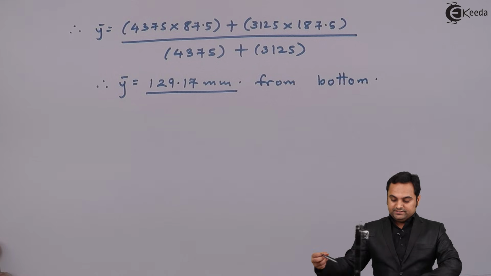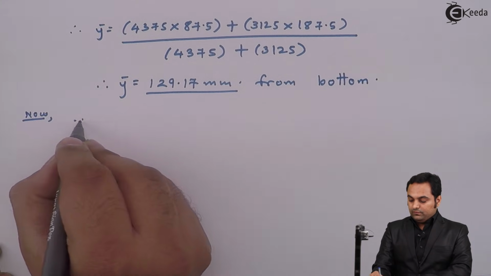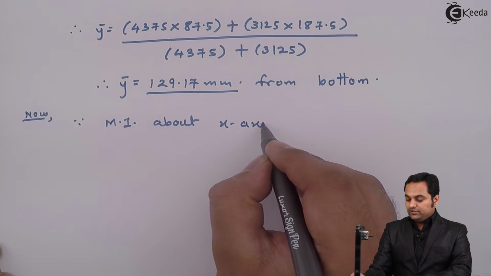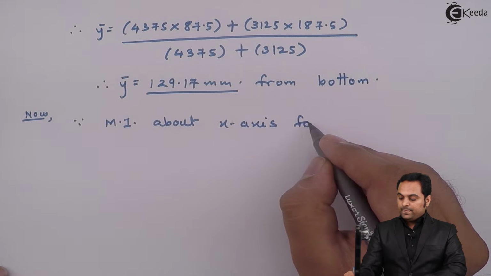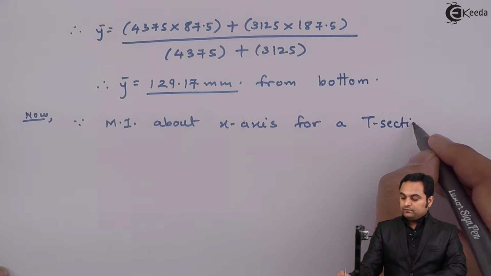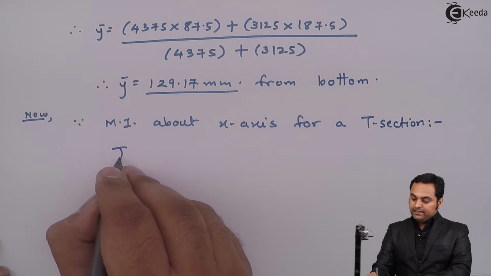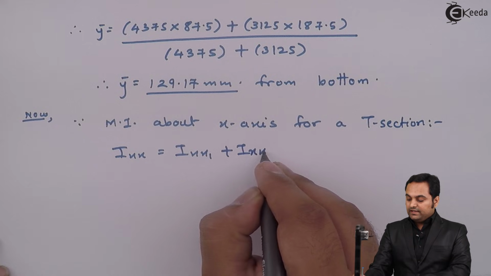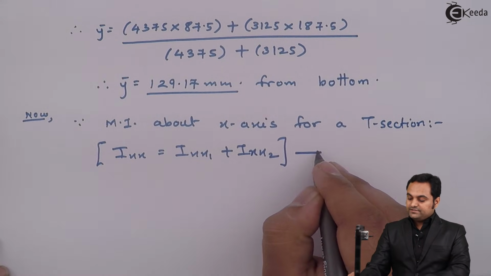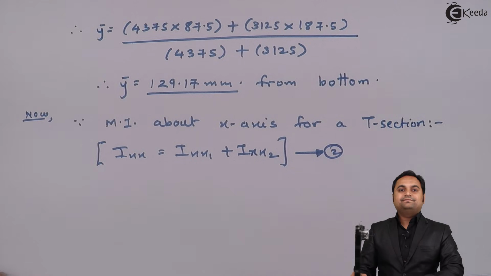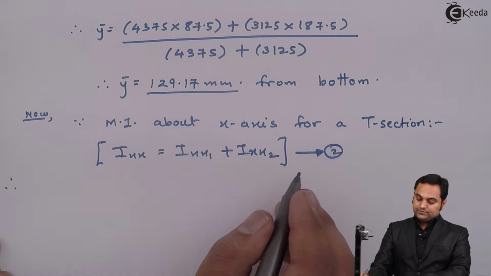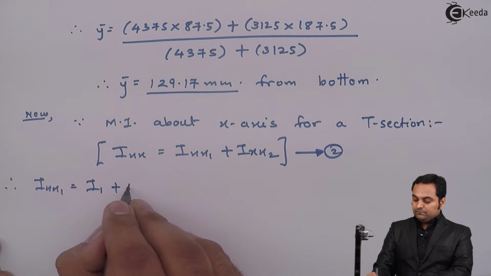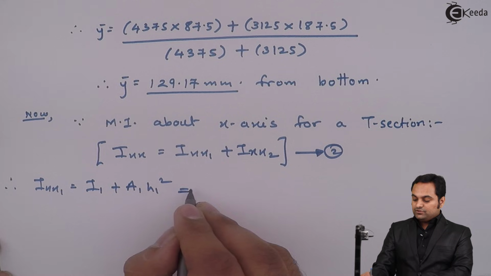Now the moment of inertia about the x-axis for a T section is given by Ixx is equal to Ixx1 plus Ixx2, keeping this as the second equation. Now I'll calculate separately Ixx1, Ixx2. Ixx1 will be I1 plus area 1 into h1 square.